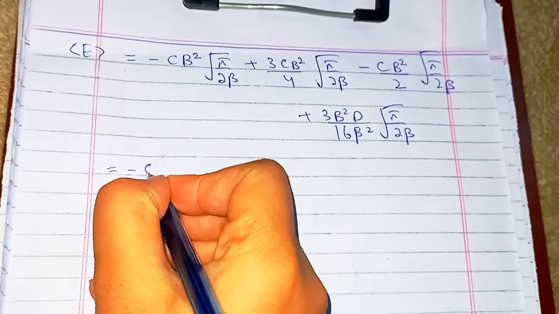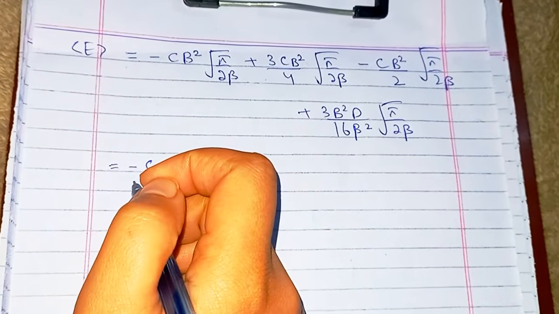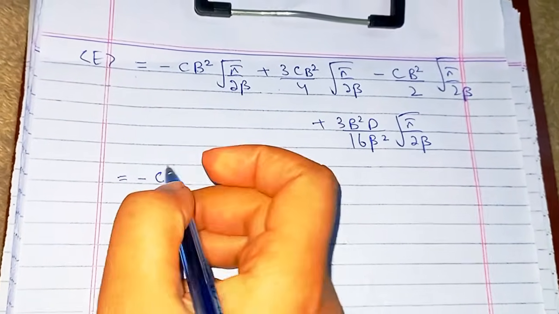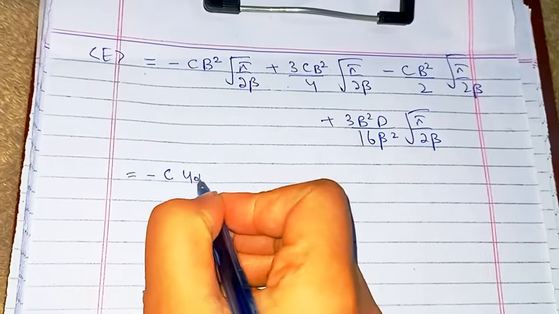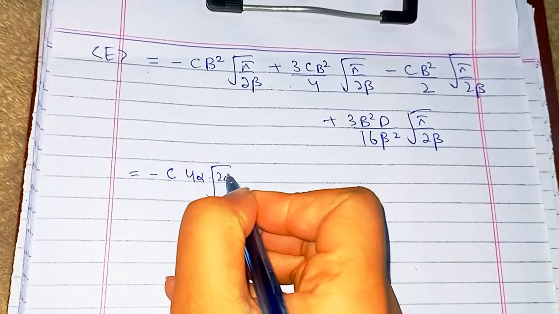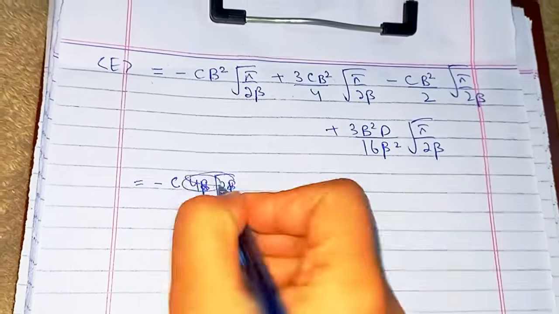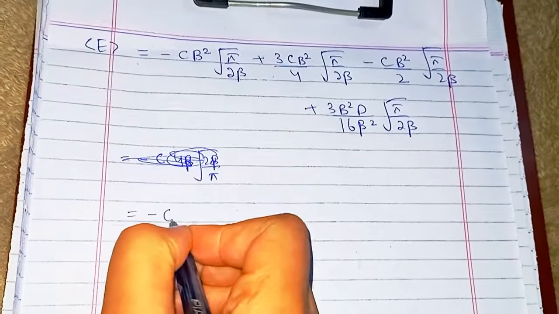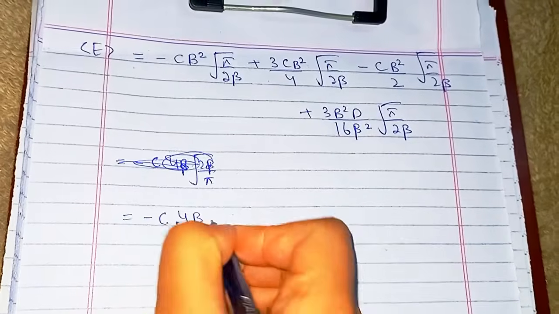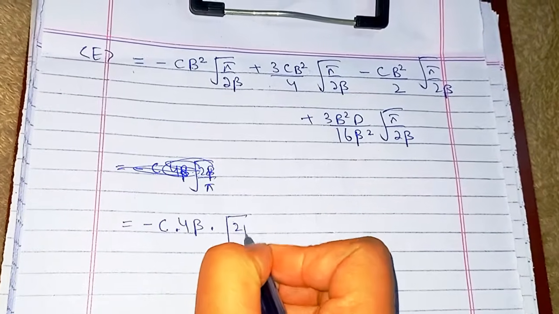And we have b square value to be 4 beta, sorry, 2 beta by pi, minus c 4 beta under root 2 beta by pi.